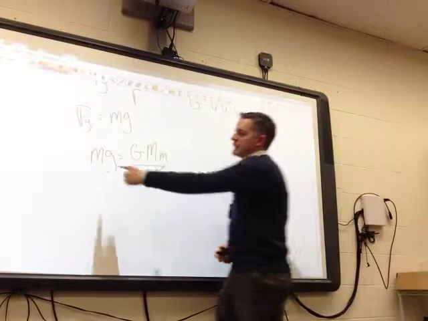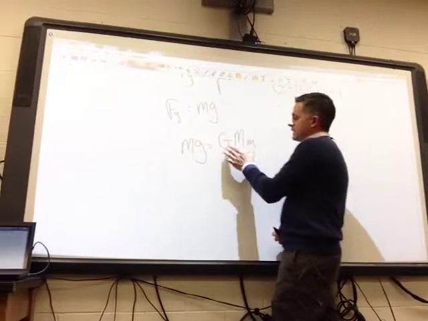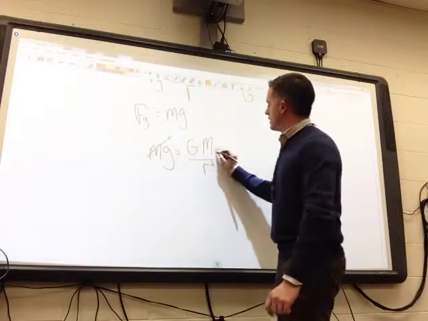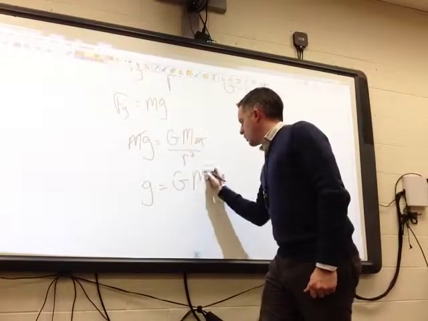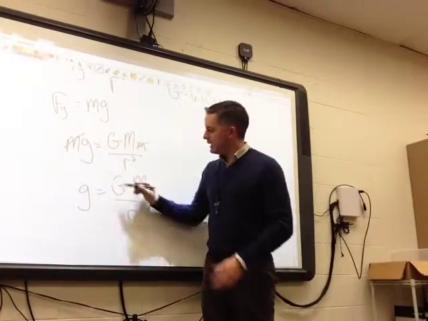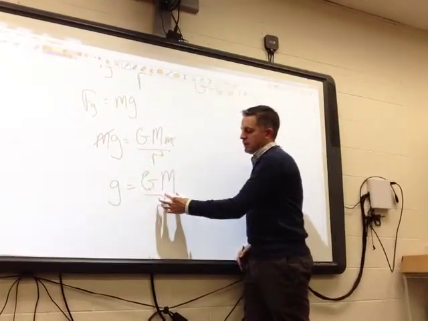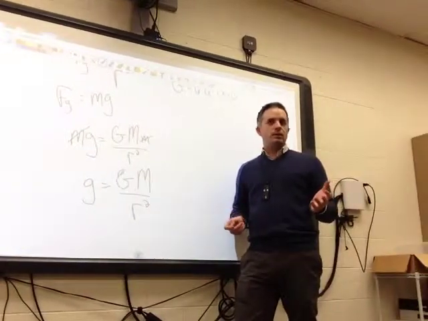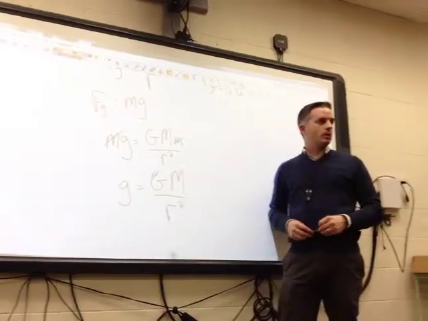The little m on both sides is the same thing, so we can cancel them out. We get a general expression: the gravity that any body generates is g times the mass of the object divided by the radius squared. So you can use this to find the gravity that any planet generates.